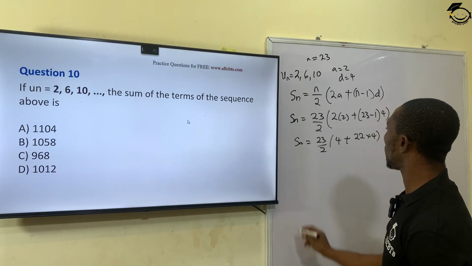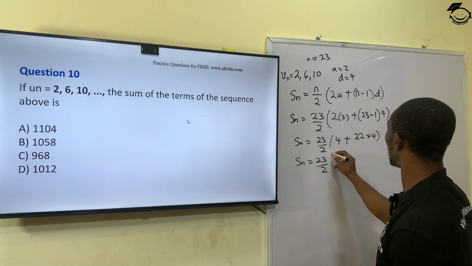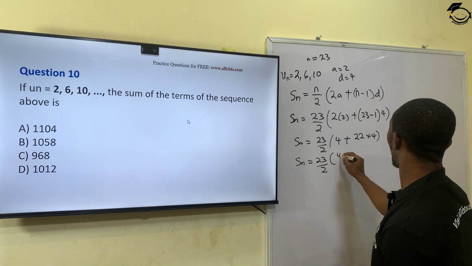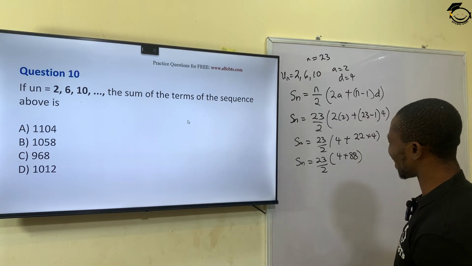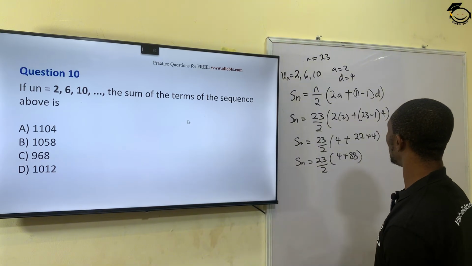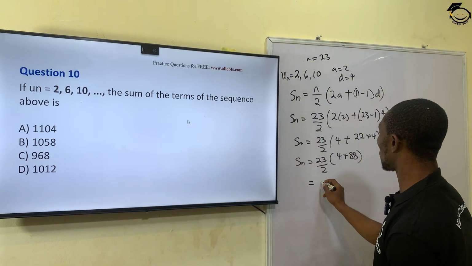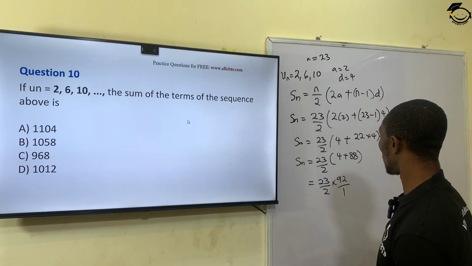So from here we have the sum of terms to be 23 over 2 times 4 plus 88. Alright, so 4 plus 88 would give us 92. So our sum of terms would be 23 over 2 times 92 over 1.